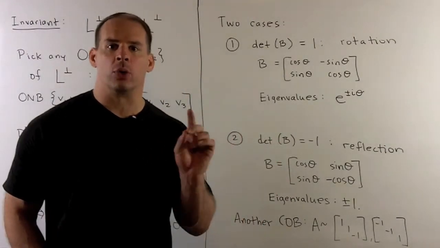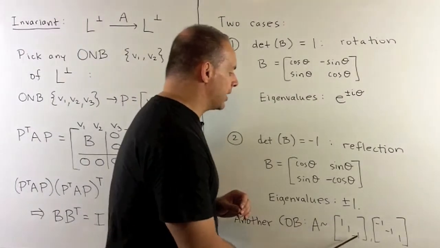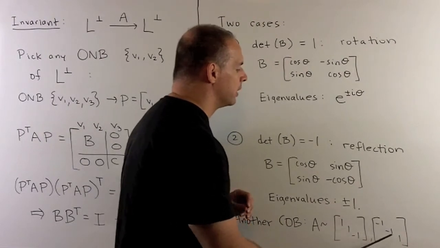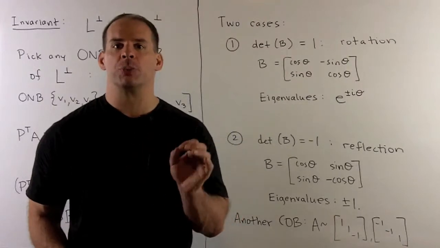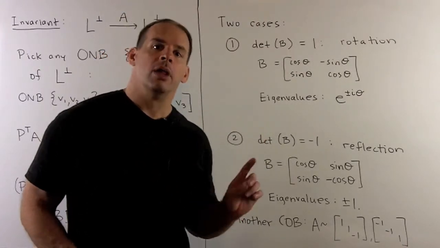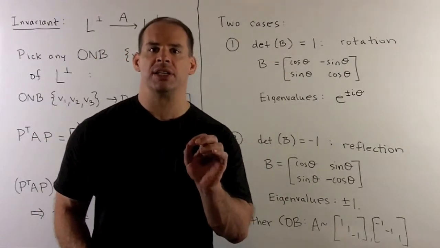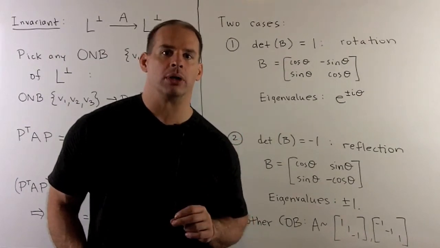If we perform another orthogonal change of basis, we can put A in the form 1, 1, -1, or -1, -1, 1. So both of these matrices are in the form on our first board, so again we get our result in this case. Now, the only loose end here, you would need to show that two orthogonal changes of basis give us another orthogonal change of basis, but that's straightforward.